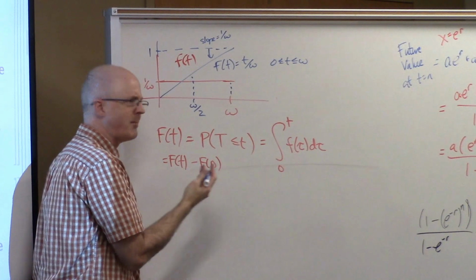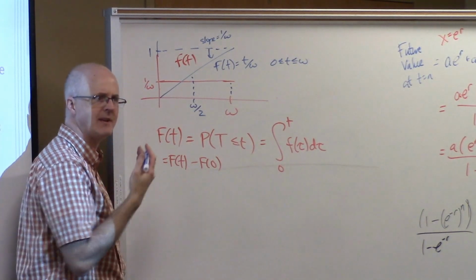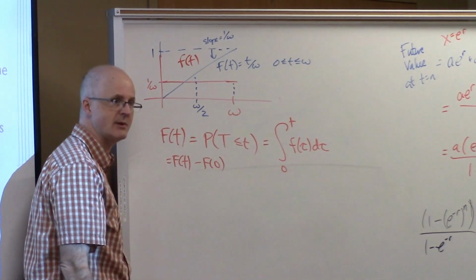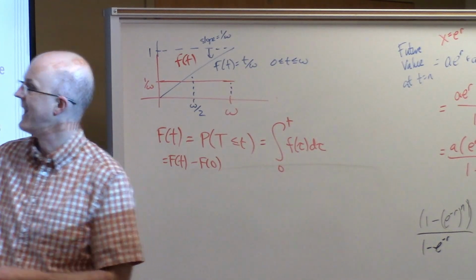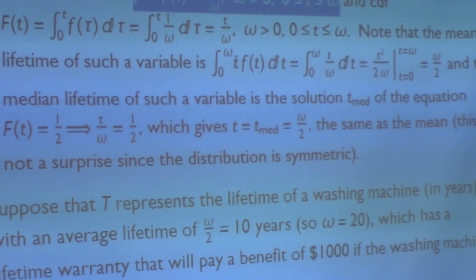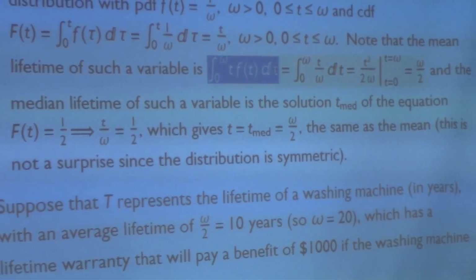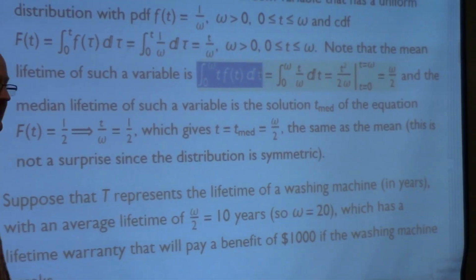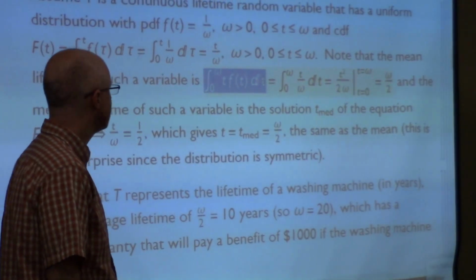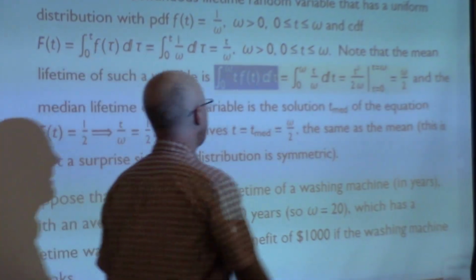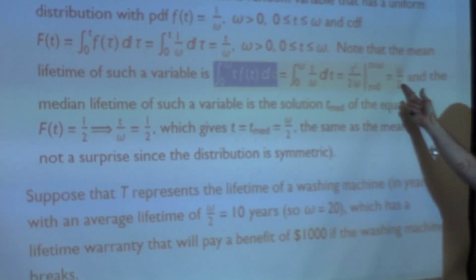The median is the point where half the area is to the left and half the area is to the right. Well, once again, by the symmetry, that's got to be omega over 2. And these calculations confirm it. Remember that you calculate the mean by integrating t times the PDF over the domain. So that's the integral that you got to do to calculate the mean. And if you do it, look, you get omega over 2. You can check this calculation.